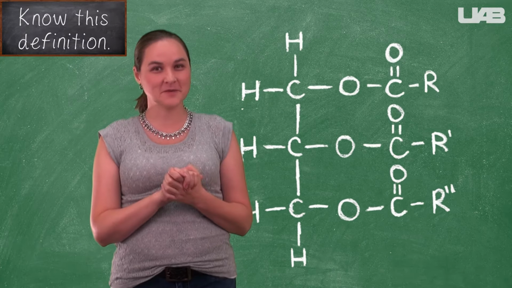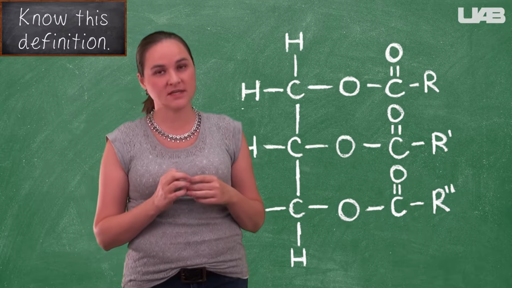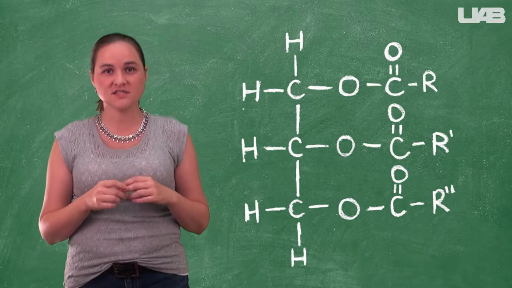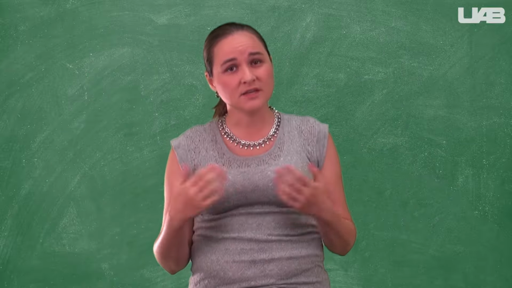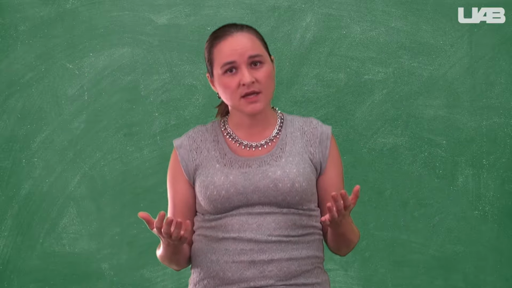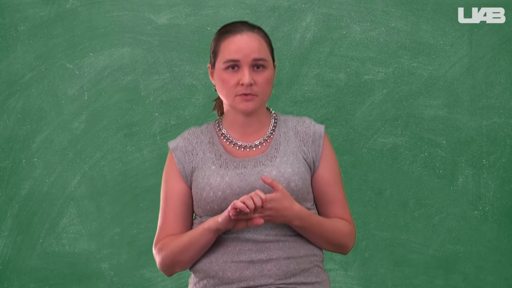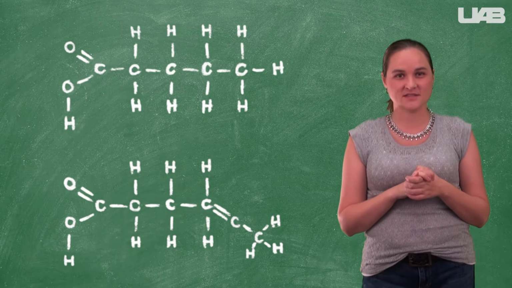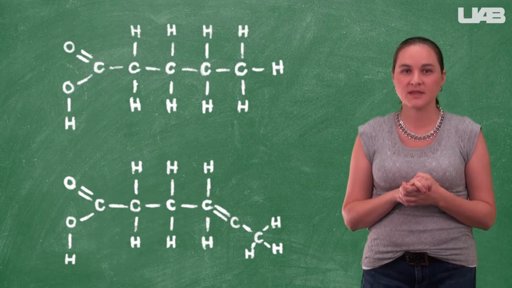A fat is a lipid composed of a glycerol and long fatty acid side chains represented here by R. Just like with the amino acid, the side chains vary and are what identifies each type of fat. However, even though those side chains can vary, they're composed mostly of carbon and hydrogen, so we consider fats to be generally nonpolar substances. You may have heard of saturated and unsaturated fats. This refers to the number of double bonds present in the side chains.